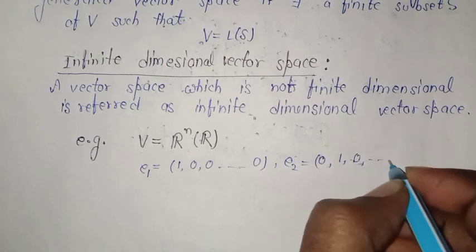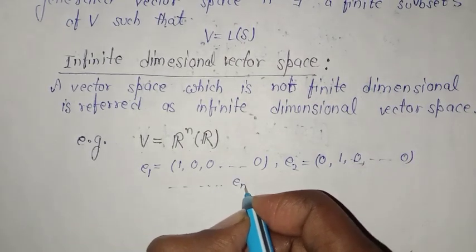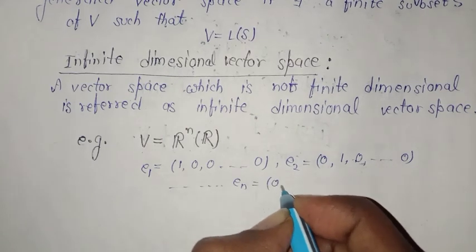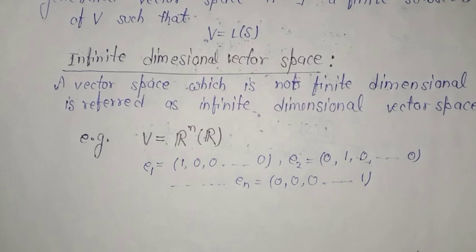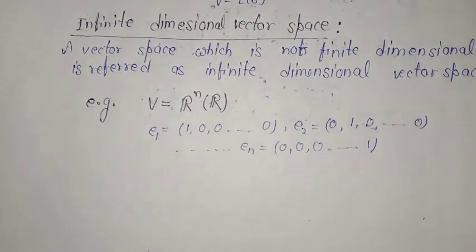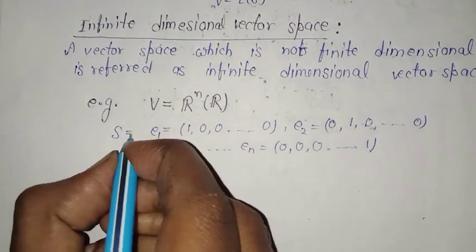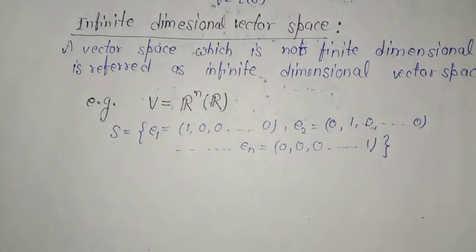Proceeding in this manner, we get en equals (0, 0, 0, and so on, 1). So there are n elements in the set S.